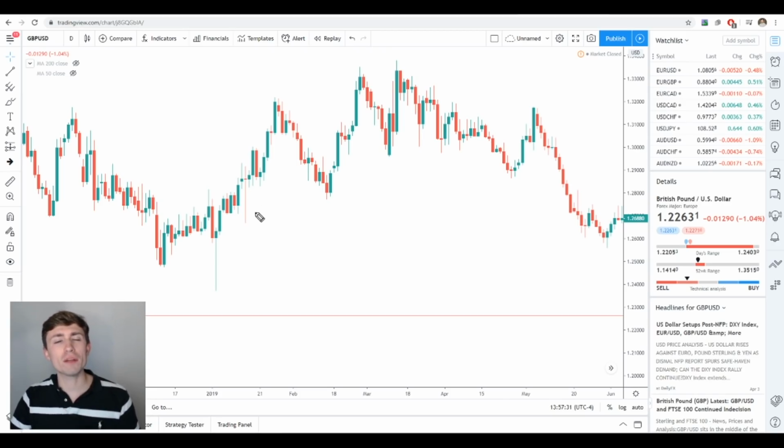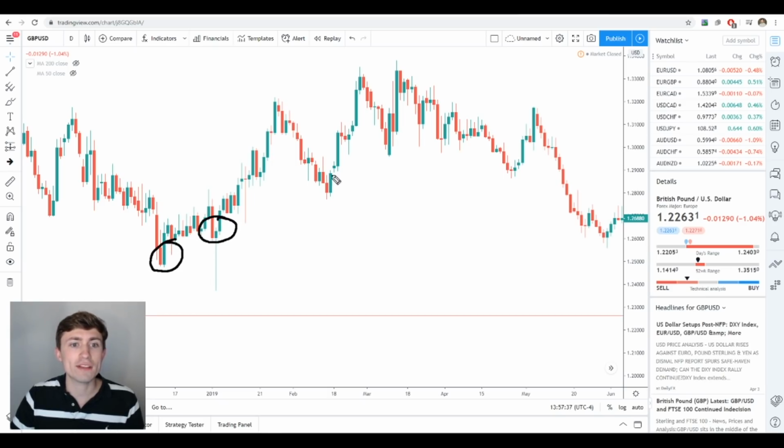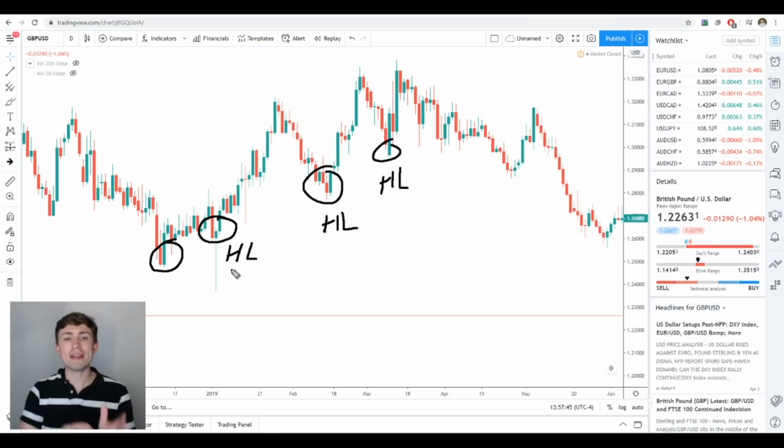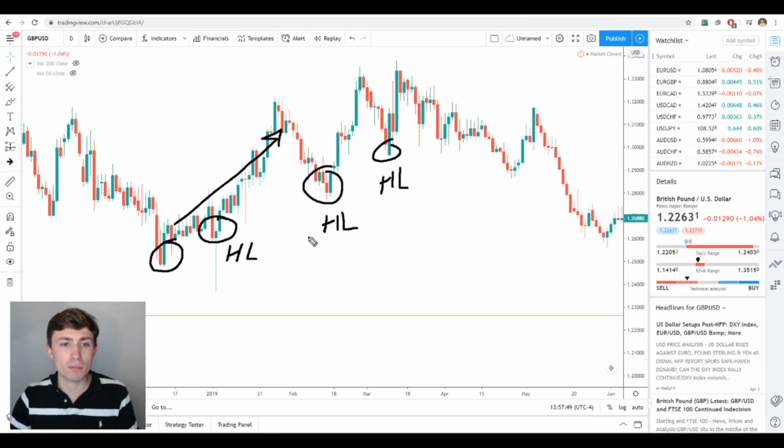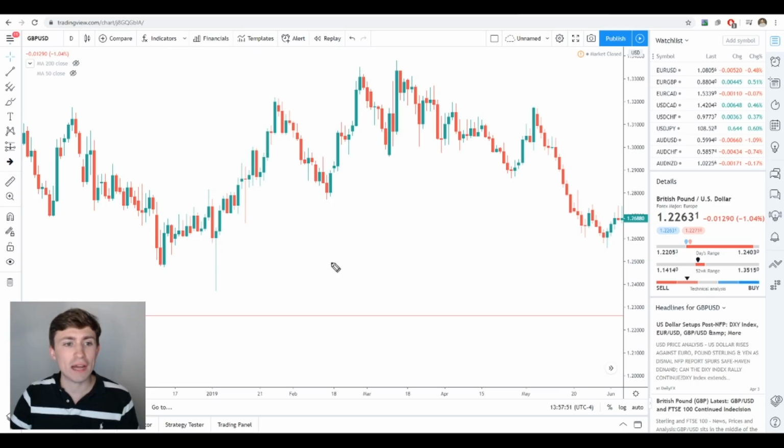So let's say that we see again a very strong market. We have a series of higher lows. We could put HL for each one of these. Essentially, when we have a market that is trending up, we're going to have higher lows being printed on this market. What do I mean by that? Well, notice that each time this market makes a move to the upside, it's when it's pulling back, because markets naturally move in waves.